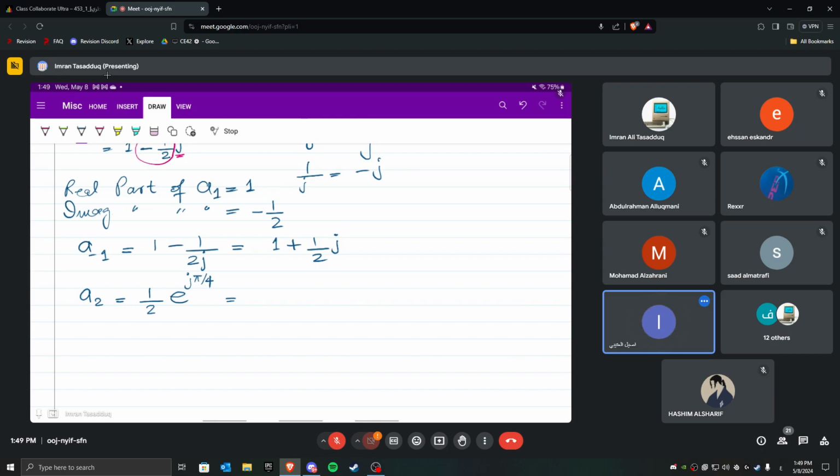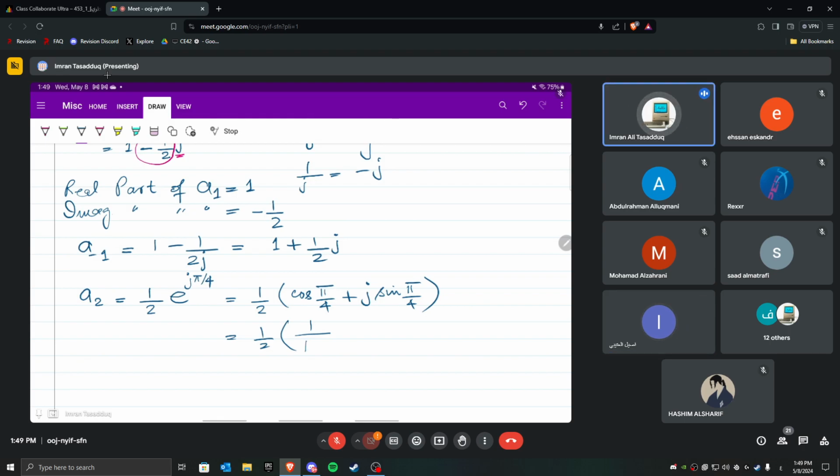Maybe if we change it to sine and cosine, yes, exactly. So it becomes half cosine pi by 4 plus j sine pi by 4. What is cosine pi by 4? 1 over square root of 2, plus j 1 over square root of 2.